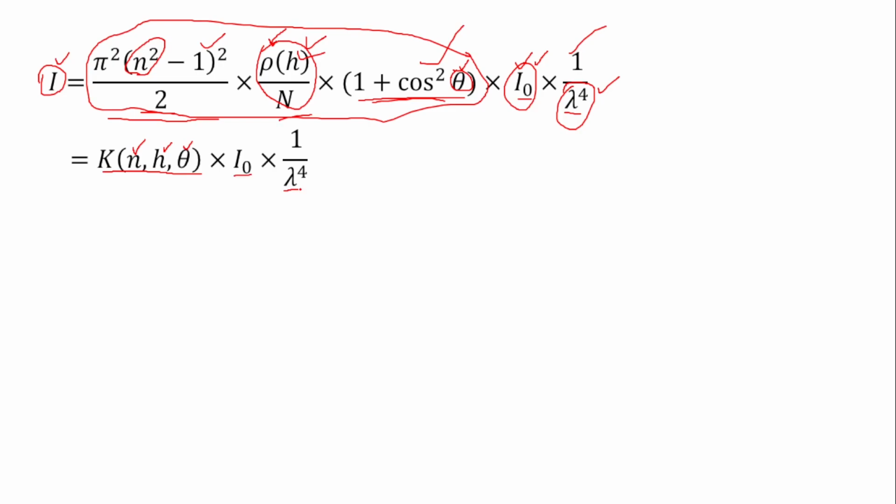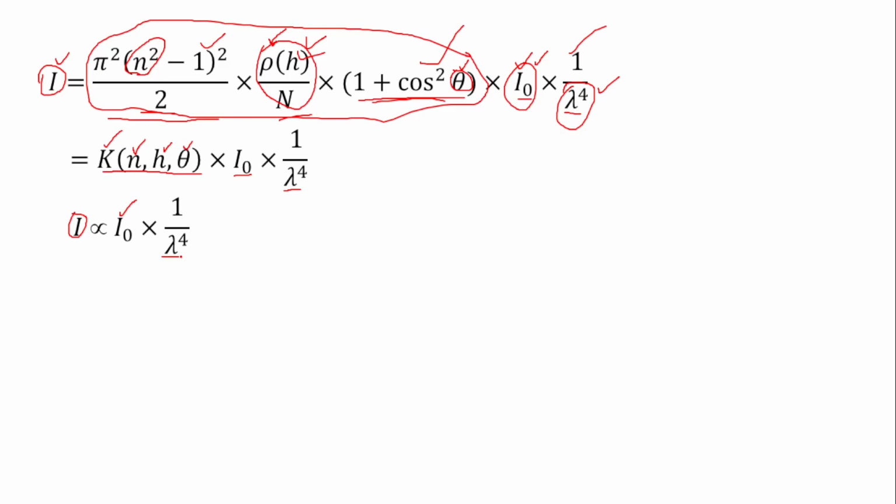And now these two terms, the intensity I naught above the atmosphere and the wavelength of a particular color, contribute to the intensity of the scattered light. So treating this k term as constant, I can rewrite this formula into this one form. That is, the intensity of scattered light depends on the intensity above the atmosphere, which I'll call the initial intensity, and the wavelength of that particular color.